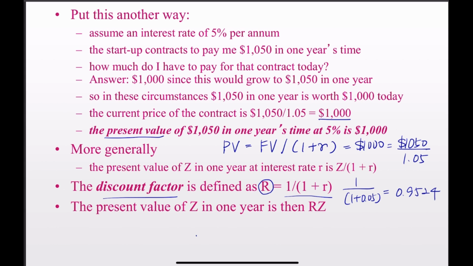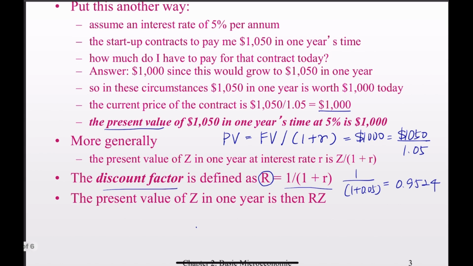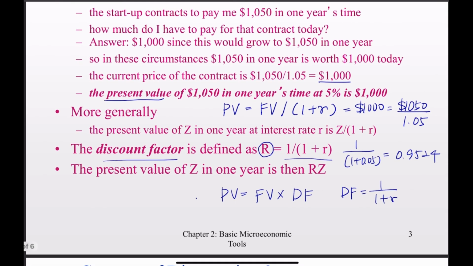So we can say the present value is future value times your discount factor, DF. Remember that DF, the discount factor, is 1 over 1 plus R. Okay, so this helps us figure out how much future money is worth today. So the present value of Z in a year is DF times Z.